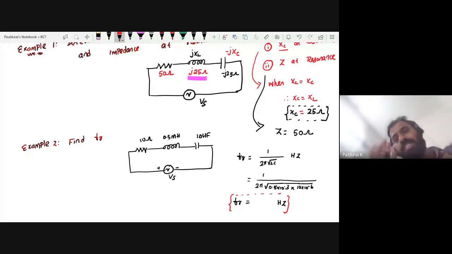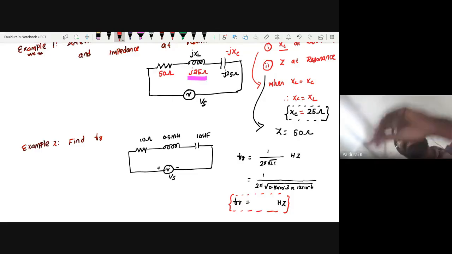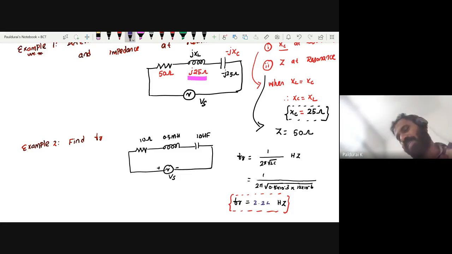But you can understand the concept behind resonance by solving this problem. Take your calculator. Are you getting 2.25 kilohertz or not?